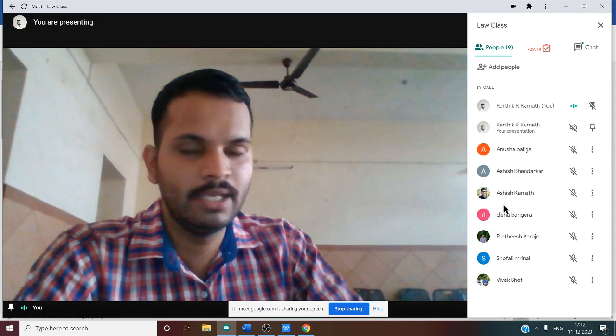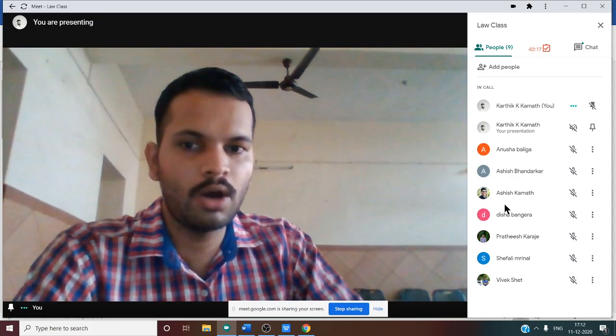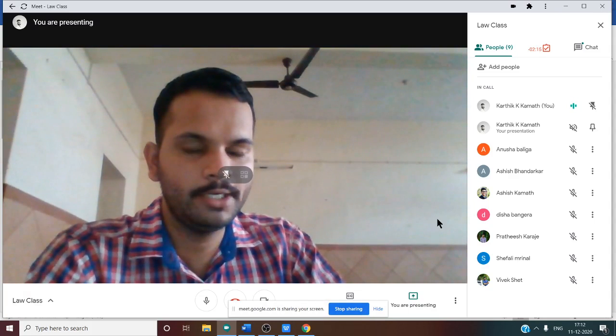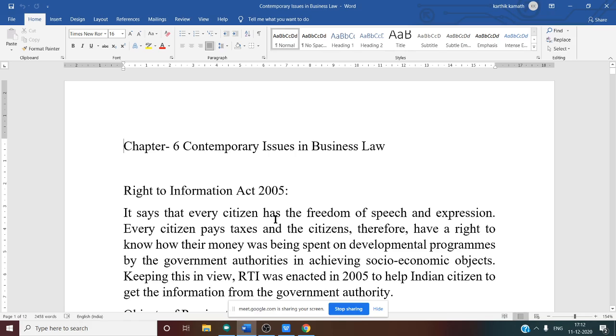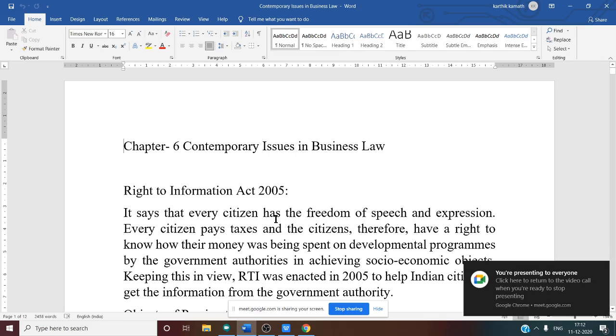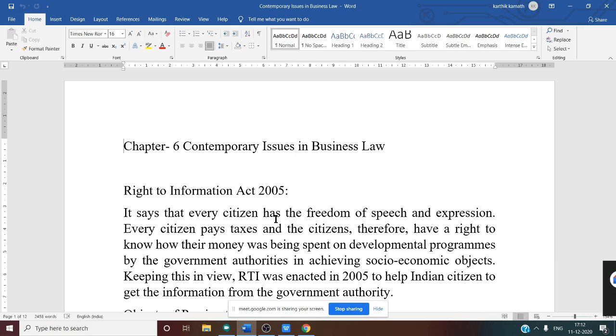It may be from a state government authority or a central government authority. For that, he has to pay a minimal fee and file the application online, and within 1 month he will get the required information without specifying any reason why he wants that information.